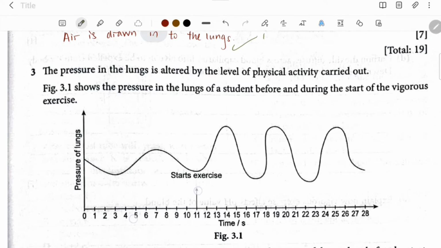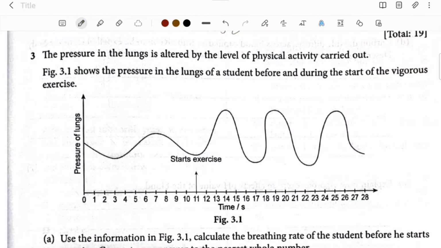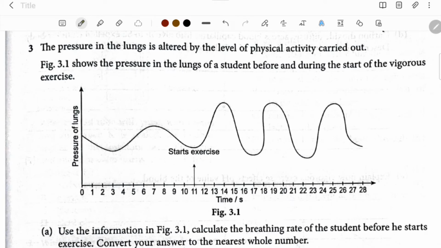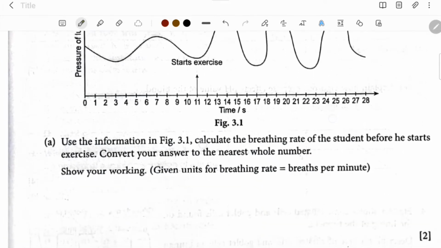Okay, pressure in the lungs: decrease and then increase, decrease, increase. Notice that the depth of the breathing is increasing after the student starts the vigorous activity. So okay, use the information in figure 3.1. Calculate the breathing rate before he started exercise.